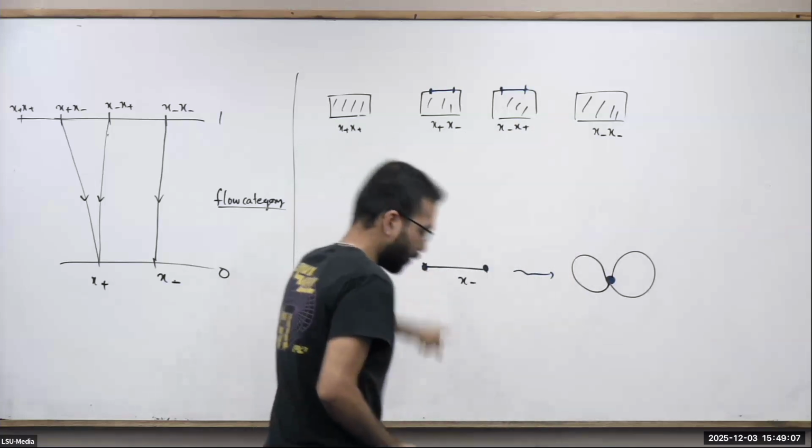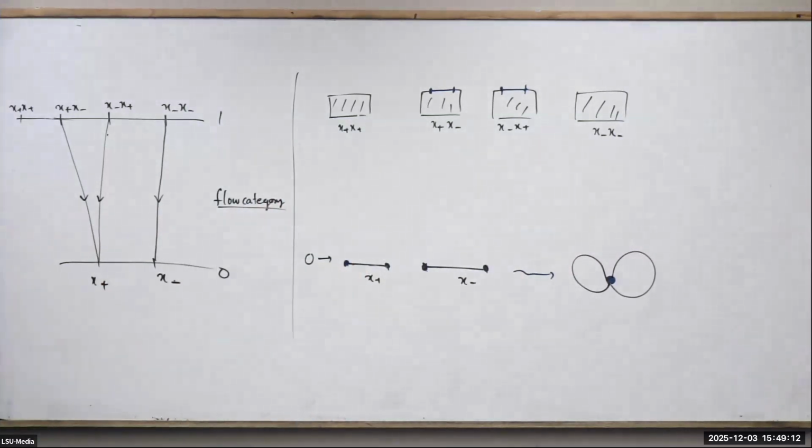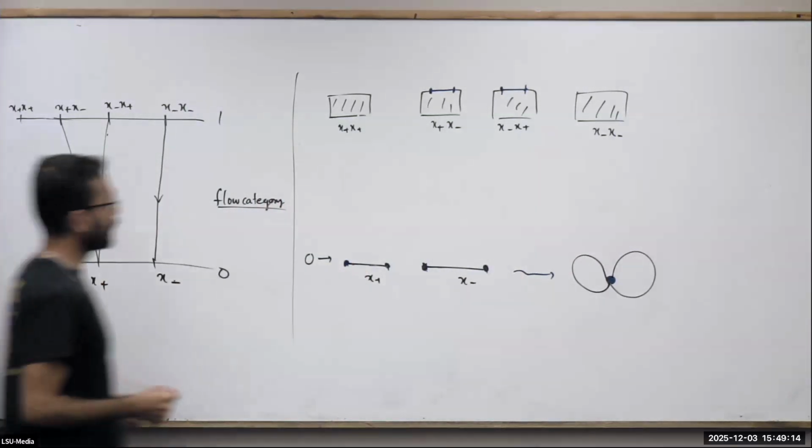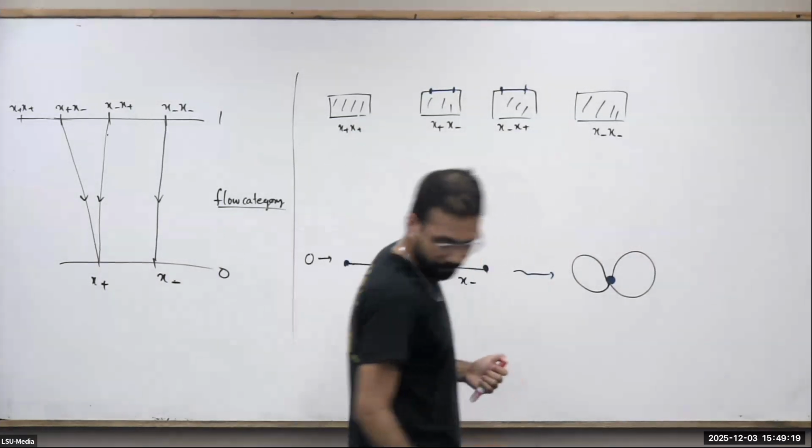Let's draw this interval. This is your blue interval. Let's use some other color for that interval. Let's use red. And this interval X minus is sitting inside that X minus, X minus.